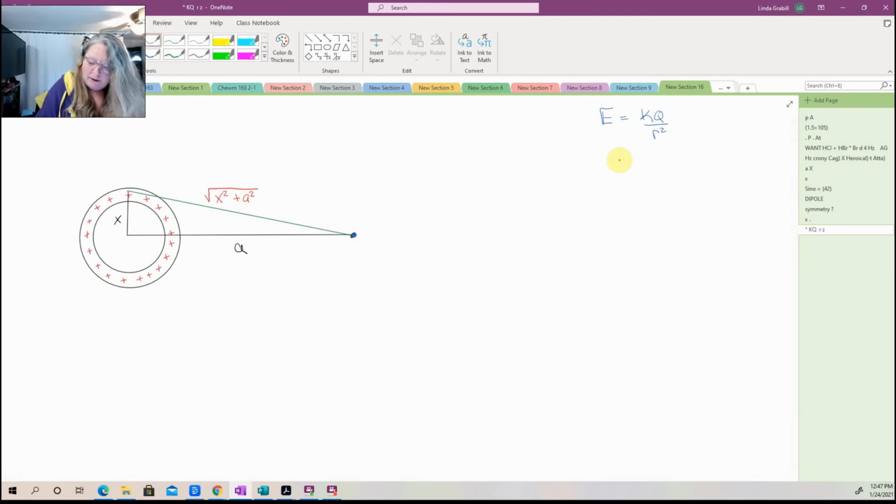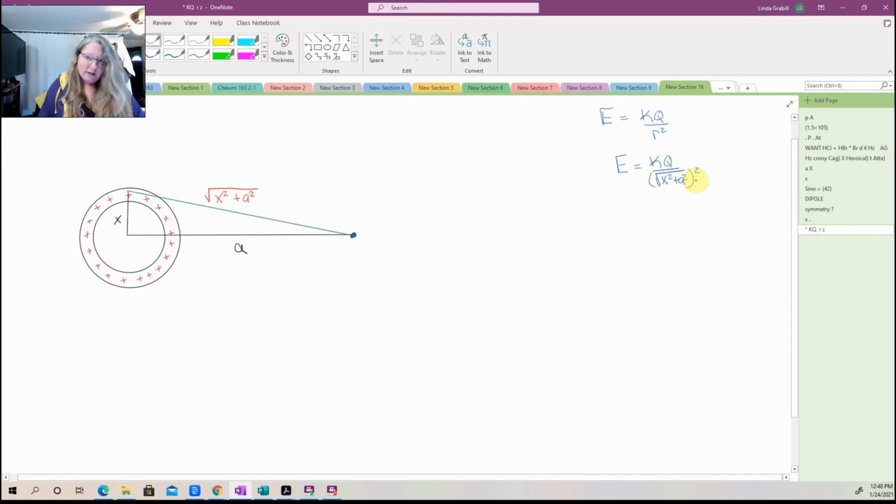So I've already gotten somewhere. That gives me KQ over the square root of x squared plus a squared, and that quantity squared. All right, I'm getting somewhere.